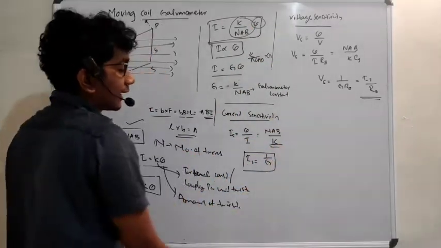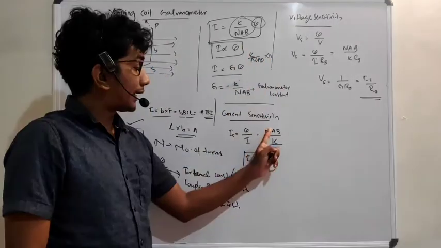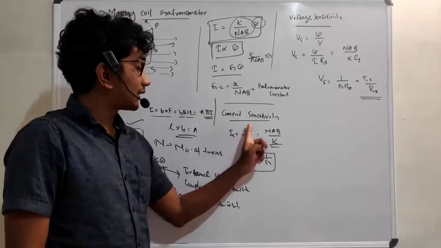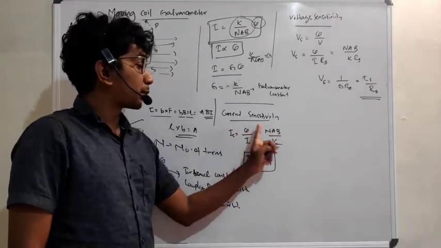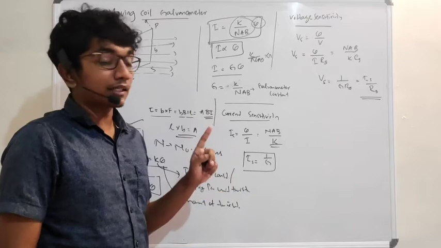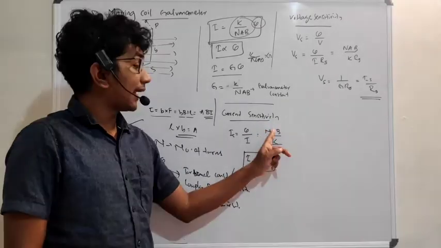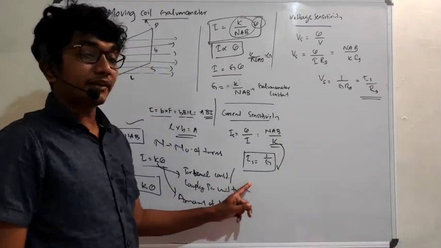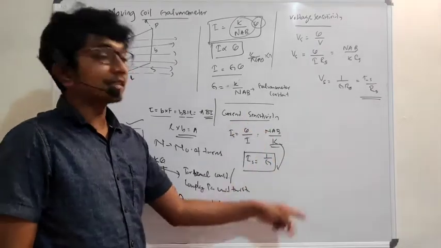This is NAB divided by K, so Is is equal to 1 by G. Is is proportional to N, proportional to A, proportional to B, and inversely proportional to K. So you have to write the conditions to increase current sensitivity: increase N, increase A, increase B, decrease K. Decrease K means decrease the coupling per unit twist, the torsional constant. We have to use a material with less torsional constant.